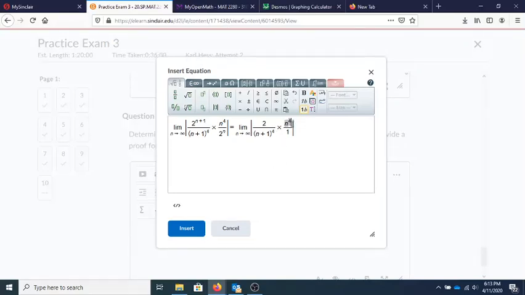So n to the 4 over something that starts with an n to the 4 is a rational expression where the top and bottom have the same degree. So I just need to take the ratio of the coefficients, 1 over 1. Well, that part just goes to 1. So this limit equals 2, because the rest of that stuff goes to 1.